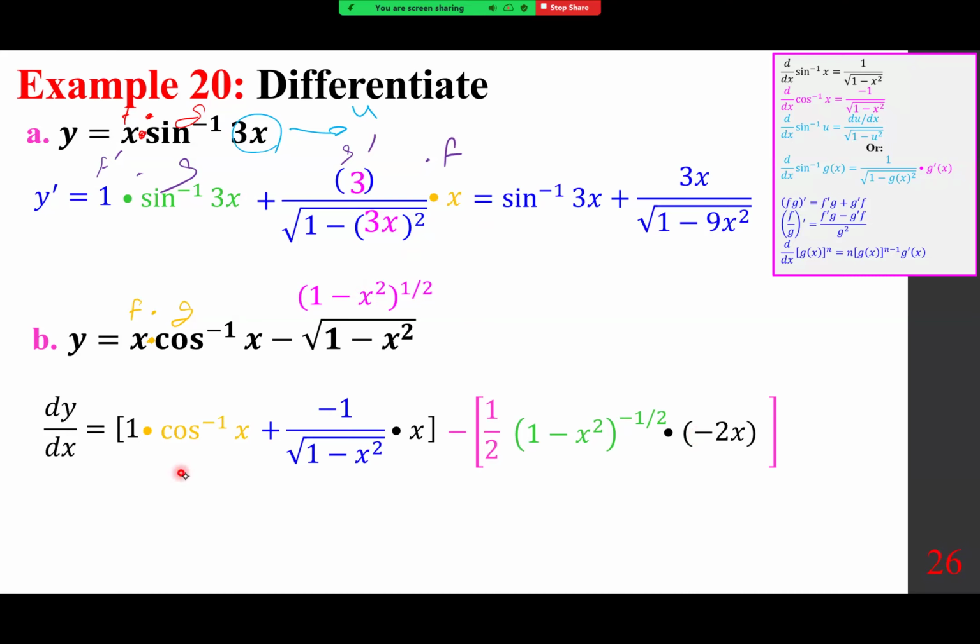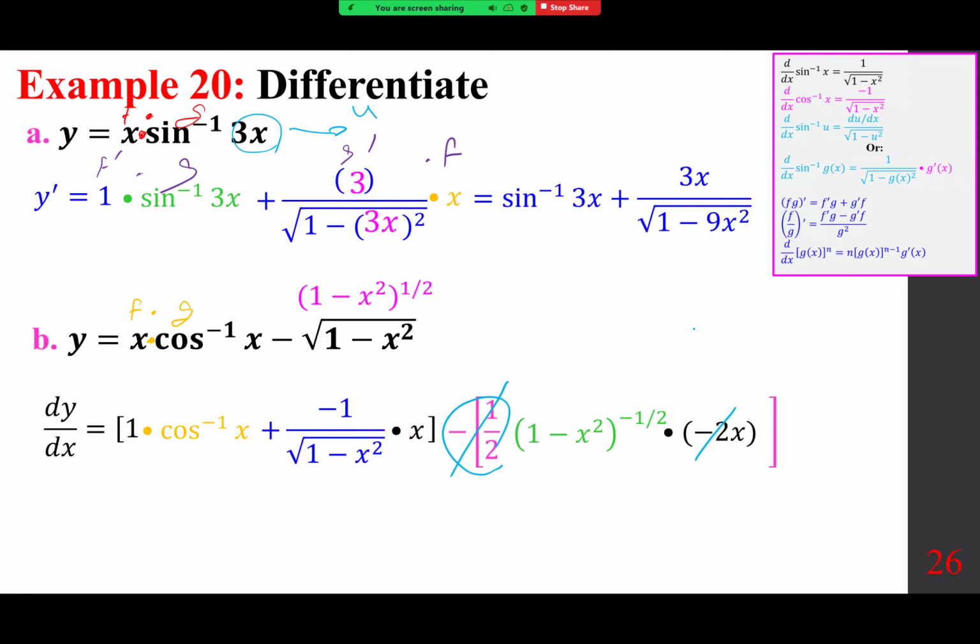So this is clearly cosine inverse x. This one is minus x over square root of 1 minus x squared. I want you to see what happens to this one. First of all, negative 1/2 and negative 2 give you positive 1.